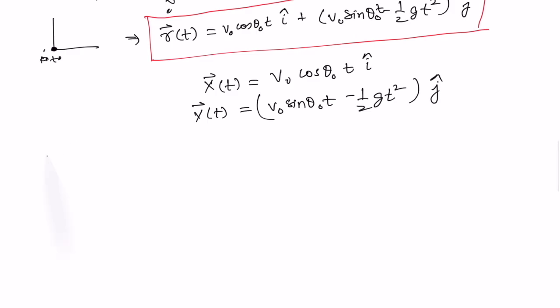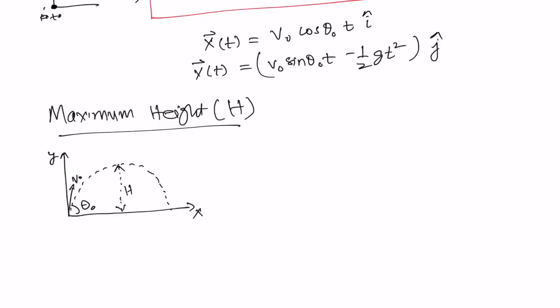Let's calculate maximum height. We know that at maximum height, at this point, all the velocity of the object is in the x direction. The y component of velocity is basically 0 at this instant.